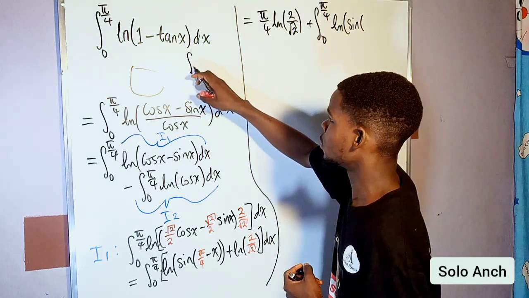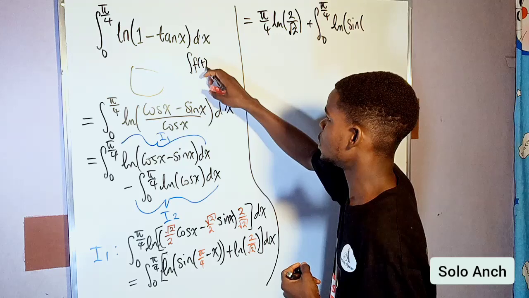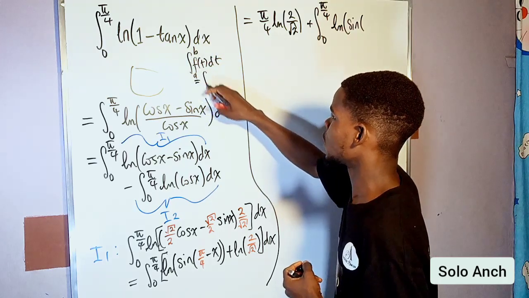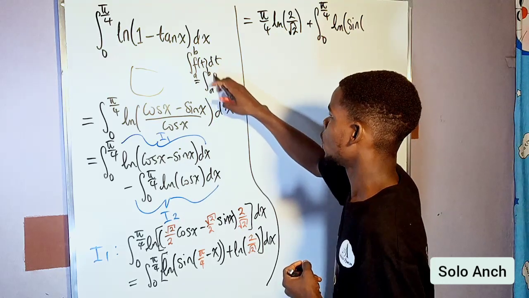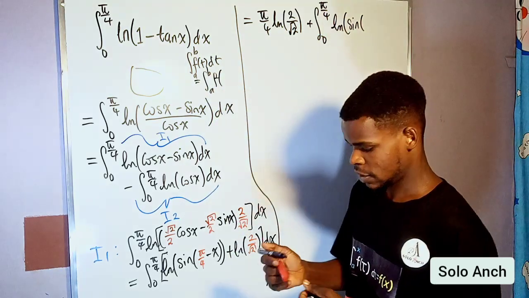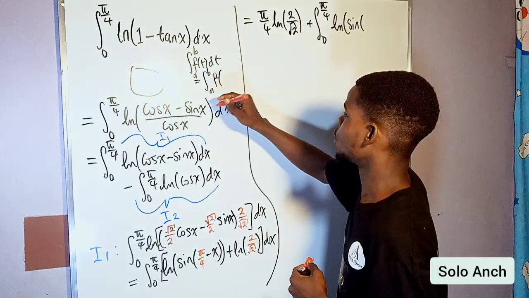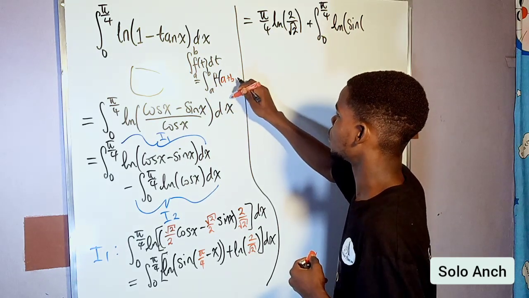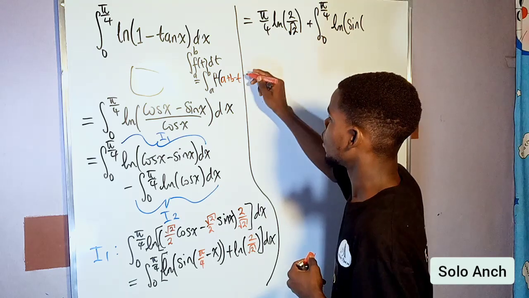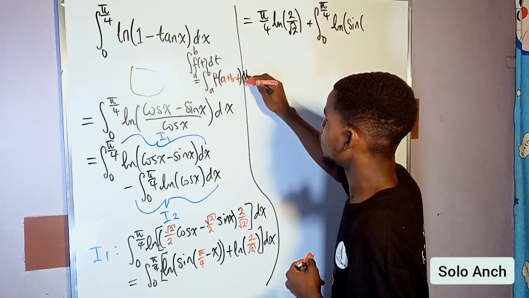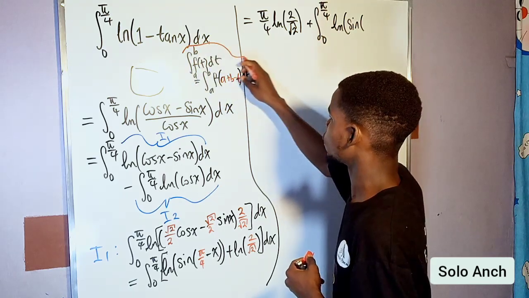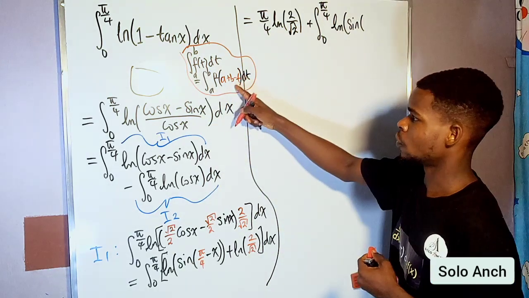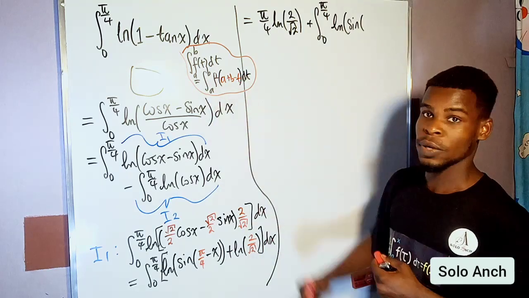When we have the integral of some function of t dt from a to b, this is the same thing as the integral from a to b of the function, but in this case, we're going to rewrite the argument as a plus b minus t. Okay, great. And then we can put the dt down here.